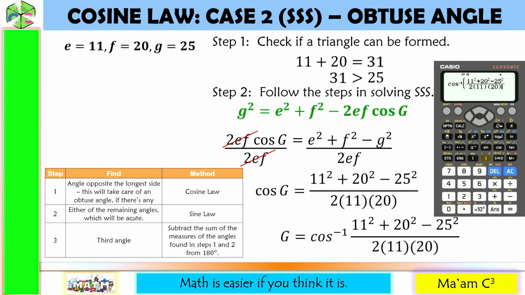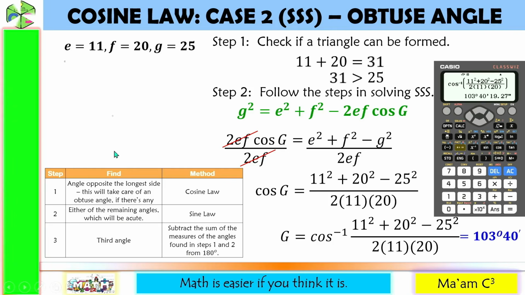And this is equal to 103.6720181. Let us express our answer in degrees, minutes, and seconds. Let me just write the answer in degrees and minutes. This is 103 degrees, 40 minutes. Since this is more than 90 degrees, it means we have an obtuse angle.